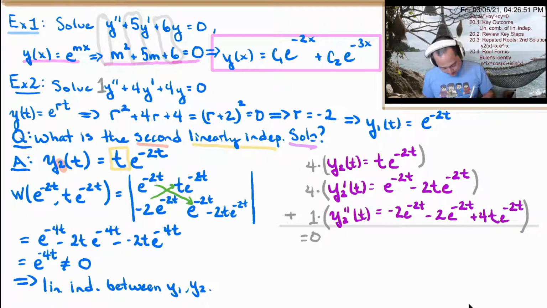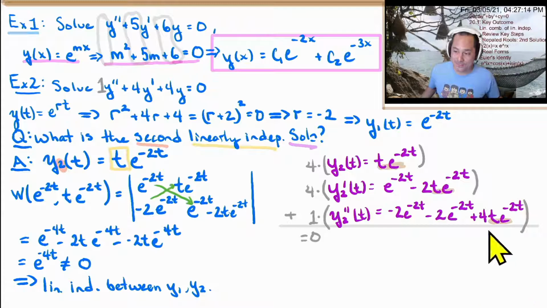Okay. So, what am I going to look at? Here's a te to the negative 2t, which I've underlined in brown. Here's a te to the negative 2t. Here's a te to the negative 2t, and after I'm done adding all this up, how much te to the negative 2t should I have? Well, I should have none. So let's check it out. From y double prime, I get 4 te to the negative 2t.